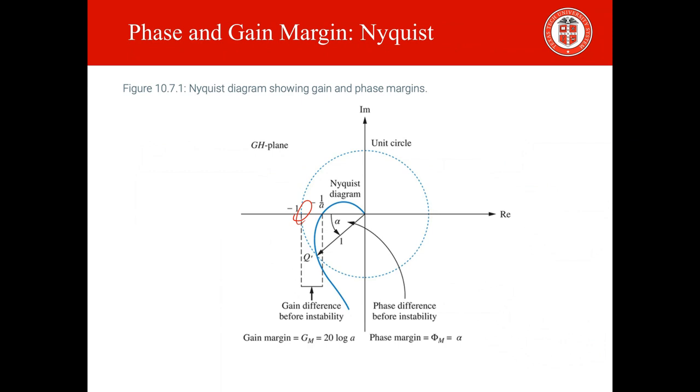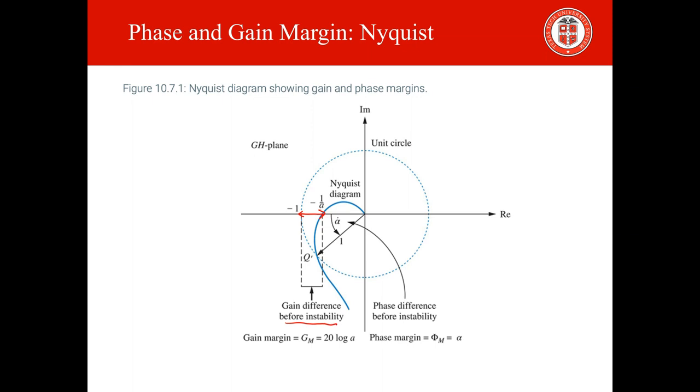So the idea is that the gain is this difference between the point where your Nyquist diagram here in blue intersects the real axis, and so this distance between -1, that's going to be directly related to the Nyquist criteria, and this is our gain margin before instability.